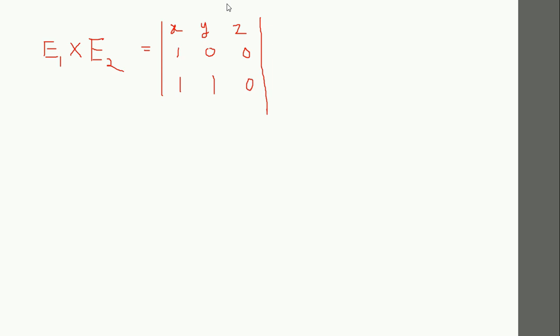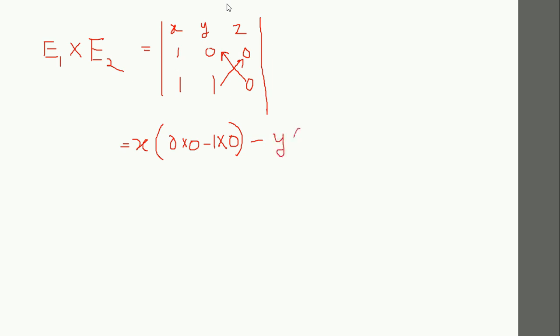And how do you calculate the cross product of these two vectors? Suppose you can consider it as x multiplied with 0 into 0 minus 1 into 0, minus, so this is x component.